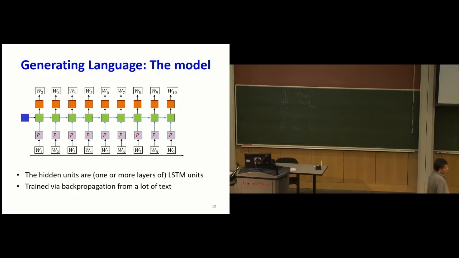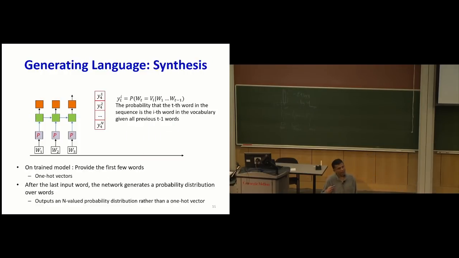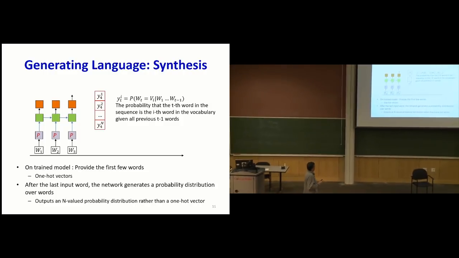Now, once we have trained this, here's what we do when generating language. The hidden units would be one or more layers of LSTM units, and all of these would be trained using backpropagation. Subsequently, if you wanted to generate some text, you'd start off by giving it some initial seed text, "four score," and you'd expect it to derive the entire Gettysburg Address.